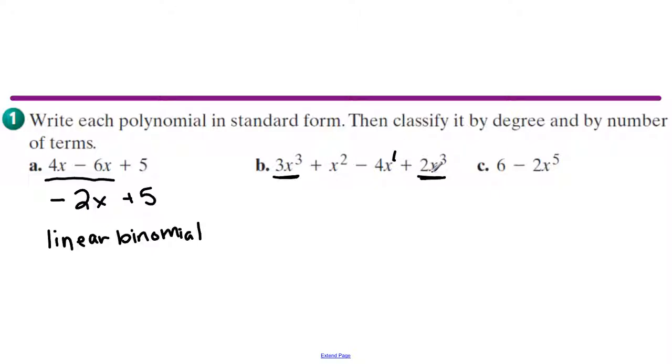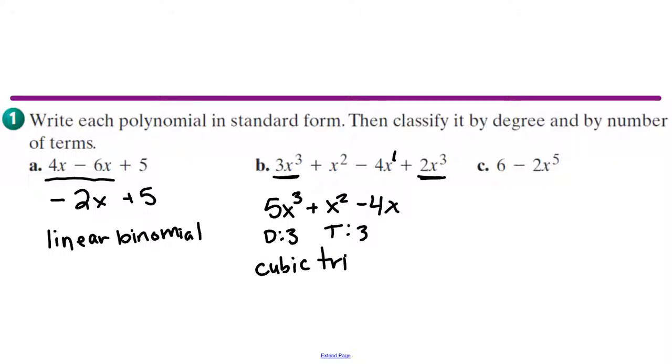So 3x cubed and 2x cubed is 5x cubed. Then we have x squared, and that's positive x squared, and minus 4x. Okay, so this is degree 3, right? So I'm going to write that, degree 3 and terms 3. So this ends up being a cubic trinomial.